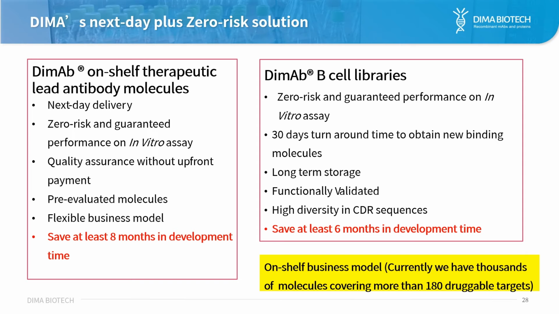So we offer on-shelf business models. Currently, like I mentioned, we have thousands of pre-made lead molecules covering more than 180 druggable targets. So biopharma companies can license any of these molecules and do some of the downstream evaluations with no risk.